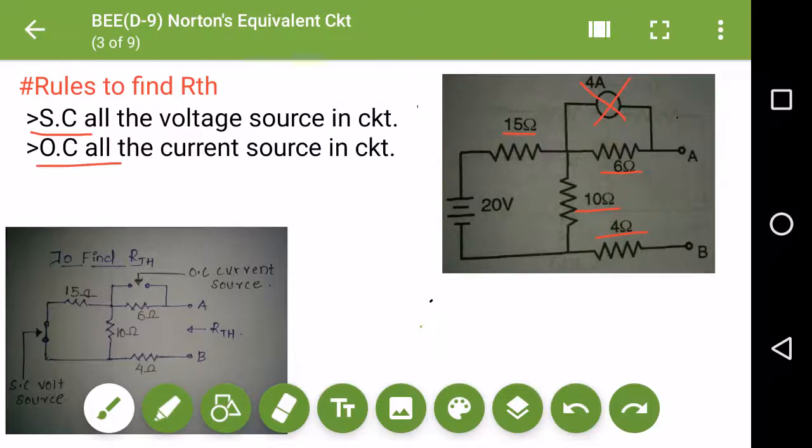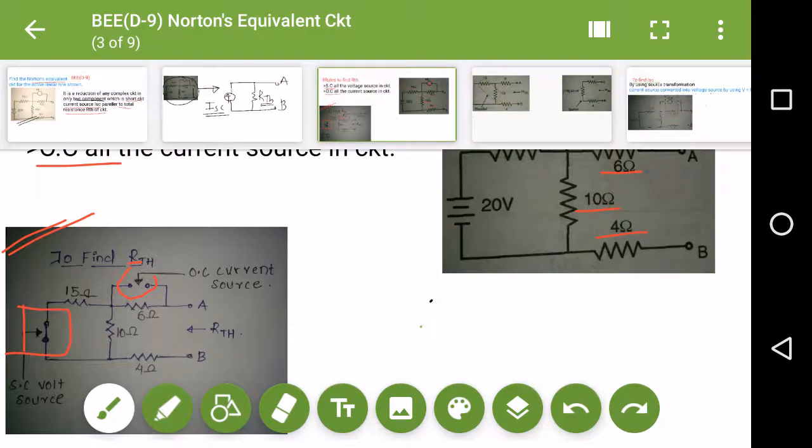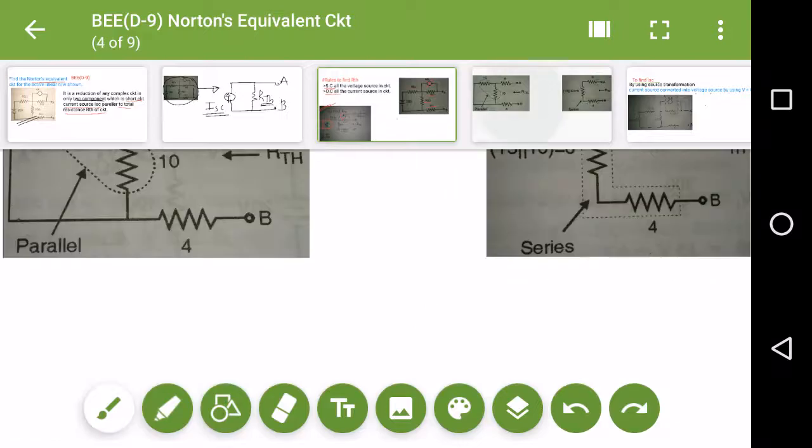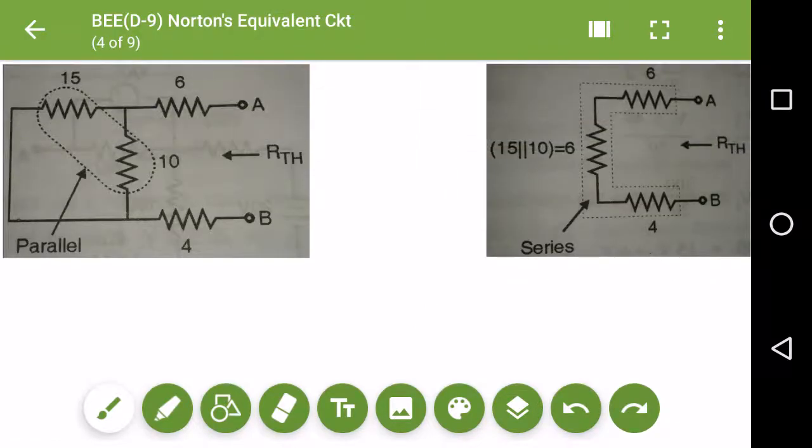You can see in this figure that our current source is open circuited and our voltage source is short circuited. After doing this, we will remain only with the resistance values of the circuit, and our circuit will look like this. So this is our circuit after eliminating the current source and the voltage source.